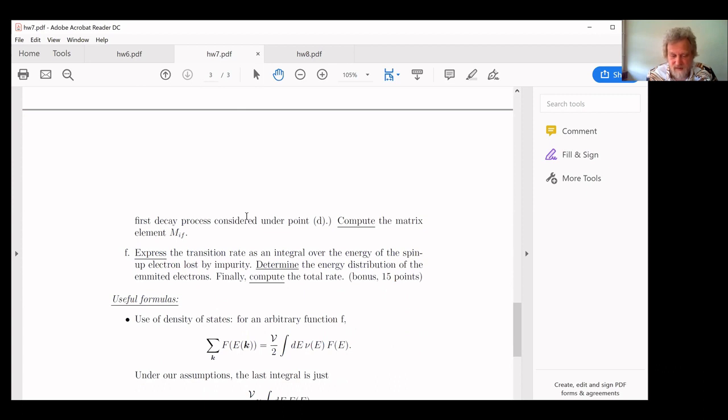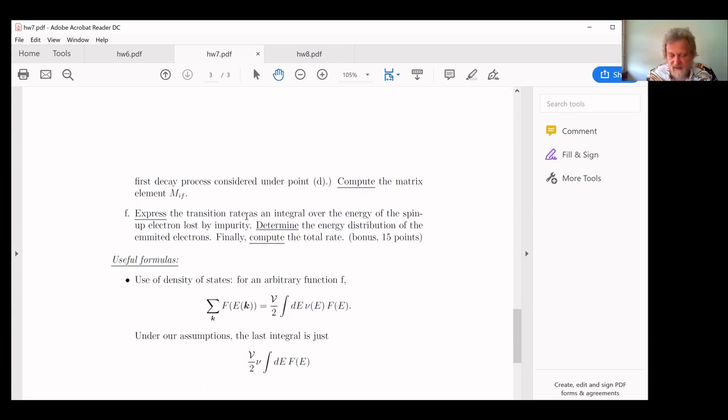Good. What else? The bonus point is the actual expression of the transition rate. You want to have it as an integral over the energy of the spin-up electrons lost by the impurity. One interesting task is to determine the energy distribution of the emitted electrons.